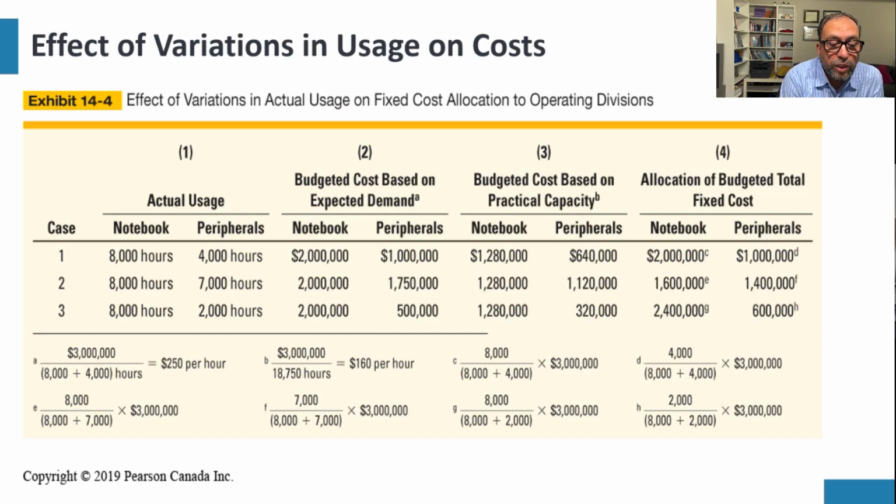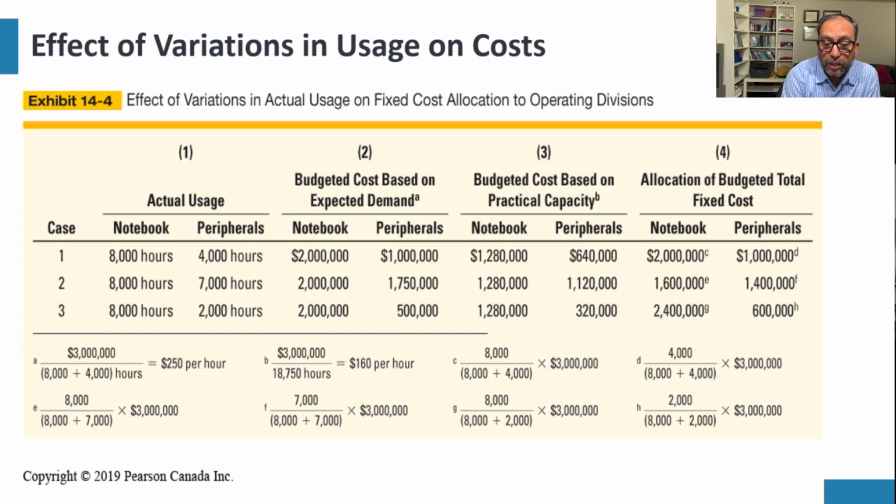Now, if we are using a budgeted cost based on expected demand, we just multiply the rate that we calculated, 250 per hour. So we multiply 450 with 8,000, and we get 2 million and 1 million.